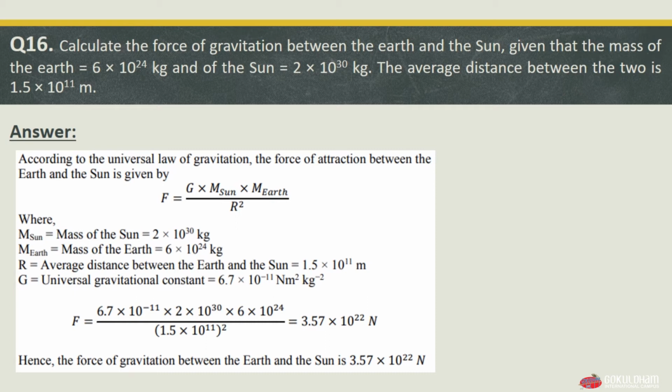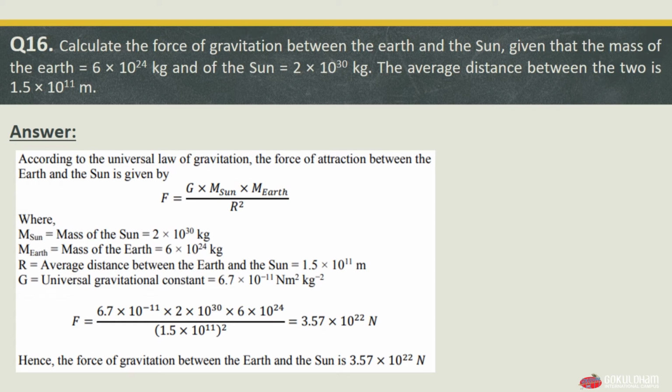So we have been given the values of all these in our question. Means the mass of our sun is given as 2 into 10 raised to 30 kg, mass of earth is 6 into 10 raised to 24 kg, r is given as 1.5 multiplied by 10 raised to 11 meter, which is the average distance between the earth and sun, and G, our universal gravitational constant, is equal to 6.7 multiplied by 10 raised to minus 11.